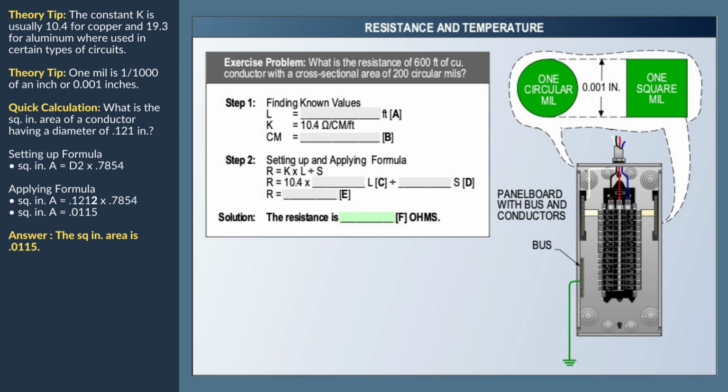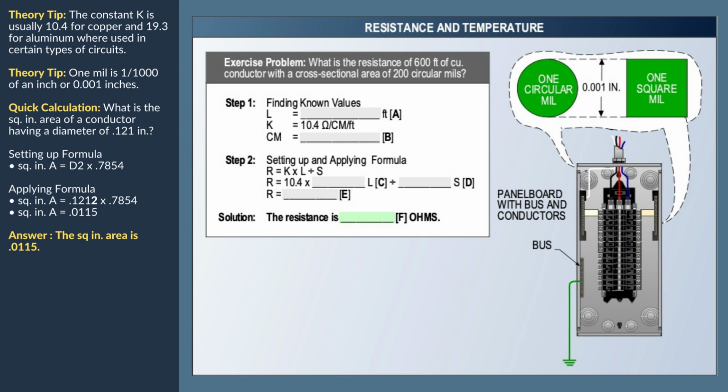In the exercise problem, what is the resistance of a 600-foot copper conductor with a cross-sectional area of 200 circular mils? In step 1, finding known values, L, which is the length, equals 600 feet, K, which is the constant, equals 10.4 ohms, and cm, which is the circular mils, equals 200.